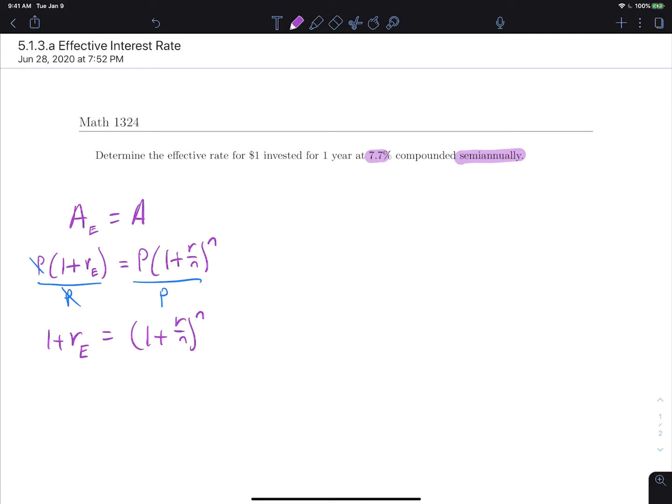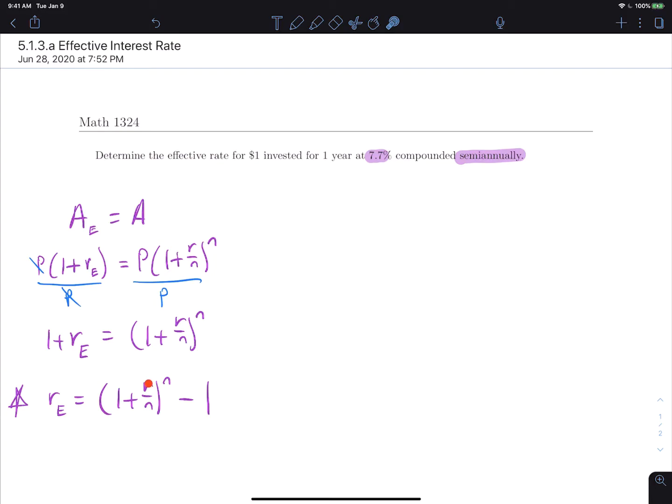Good. And then I need to just subtract 1, which means that the effective interest rate is 1 plus R over N to the nth power all minus 1. And that is actually the formula.